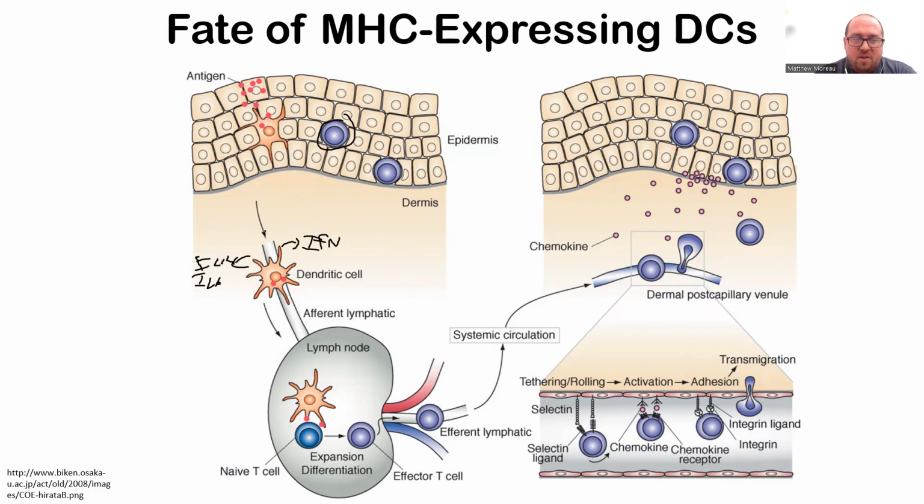And they're going to be doing so and expressing these molecules as they travel via the afferent lymph to the lymph node. Then they look for naive T cells again. If this is MHC class 2, they're looking for T helper cells, and these are your CD4. And if it's MHC class 1, this is for CD8 positive T cells.